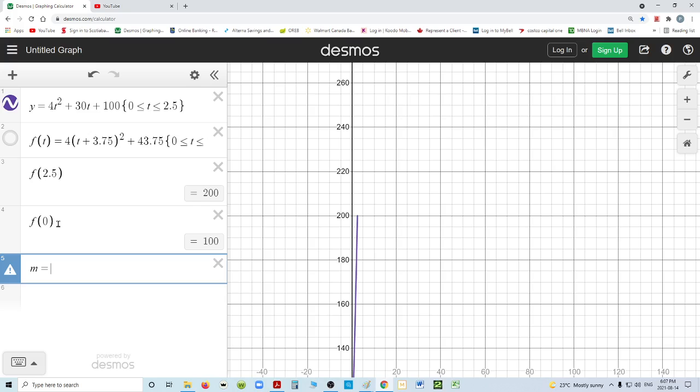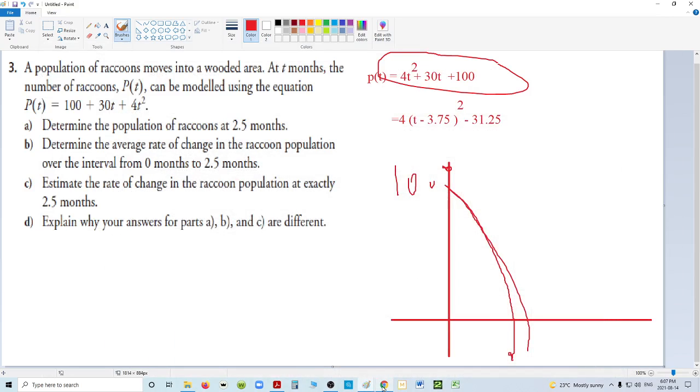Therefore, the rate of change is going to be 200 minus 100, all divided by 2.5. So over this entire 2.5 months that we're interested in, the rate of change is 40 raccoons being born a month.